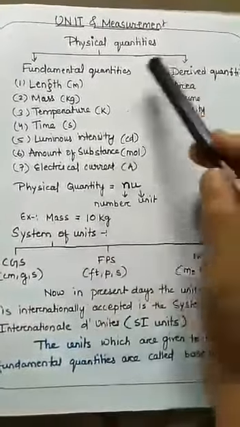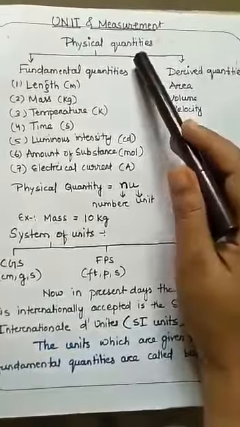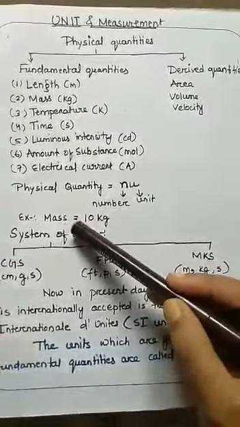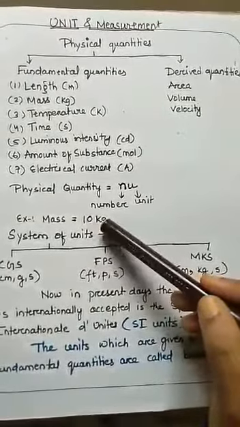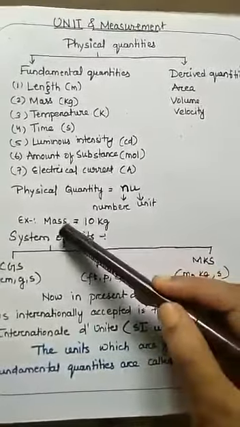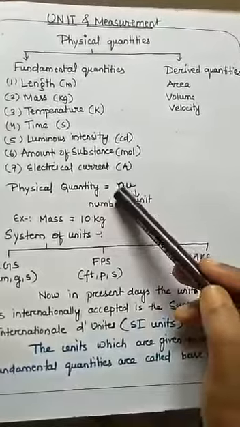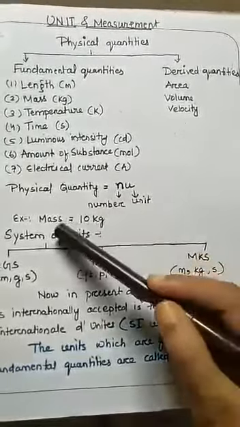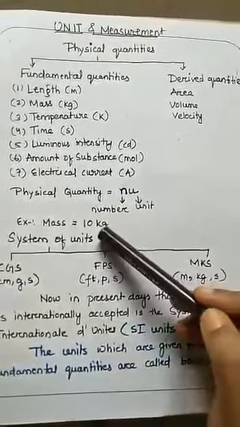Mass is a physical quantity of a body which can be measured. Here mass is equal to 10 kg. The physical quantity is mass, 10 is the numerical value of this mass, and the unit of the mass is kg.